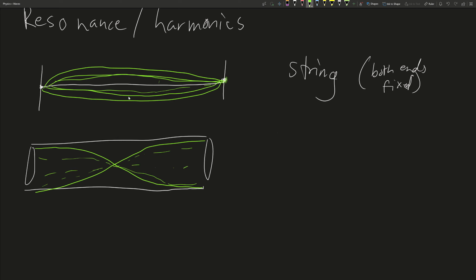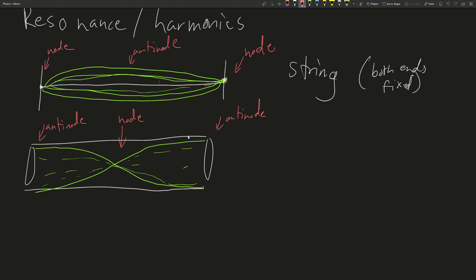So for the string, you have node, node, antinode. And for a tube, you have node in the middle, and then antinode, and then antinode.